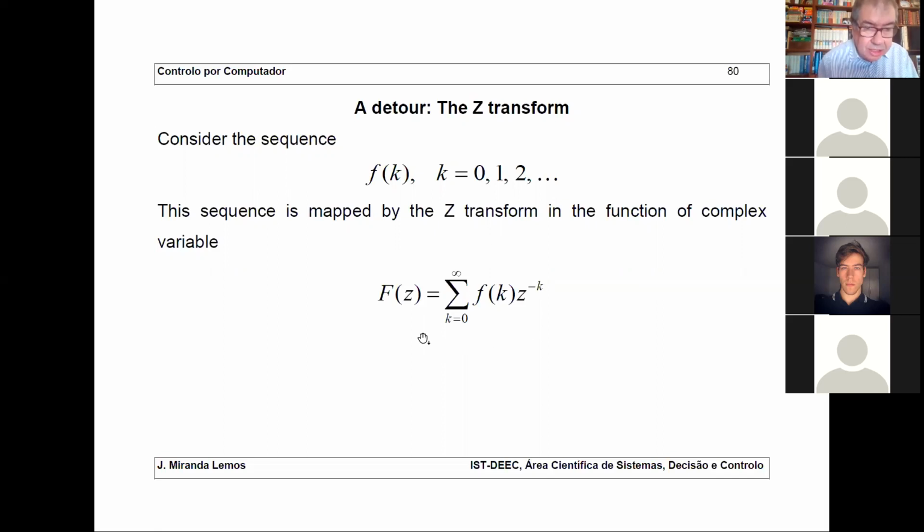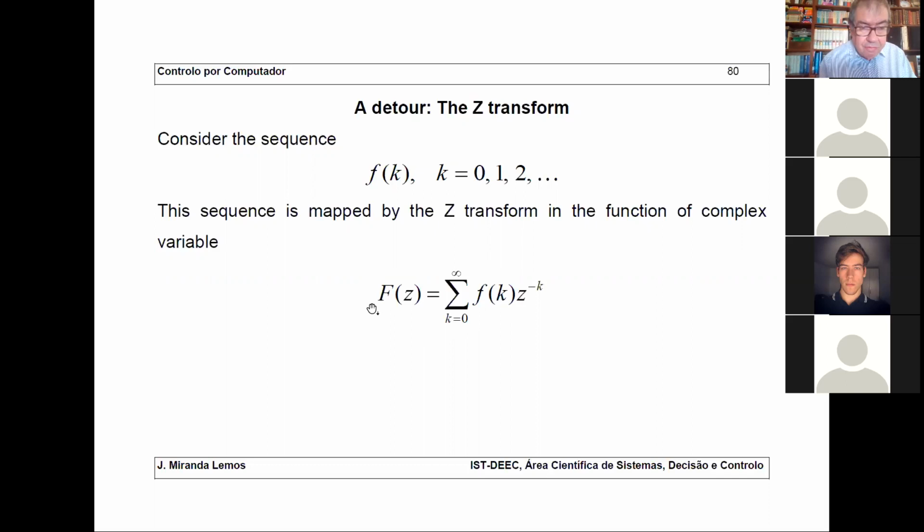Okay. So to this sequence of numbers, f of 0, f of 1, f of 2, you apply a function, you map this function of discrete time into a function of a complex variable that I call z. So z is a complex number, okay?